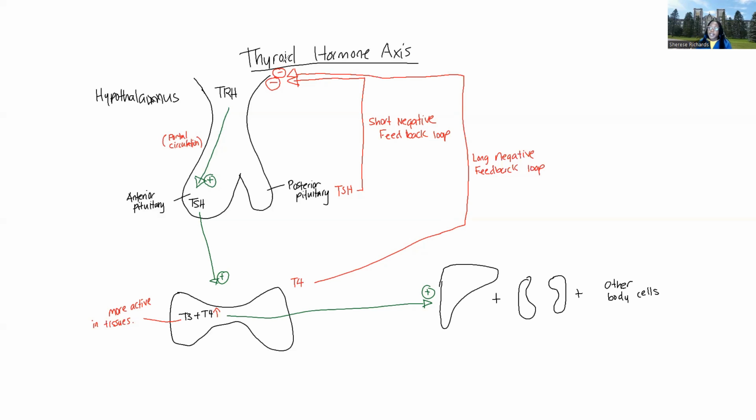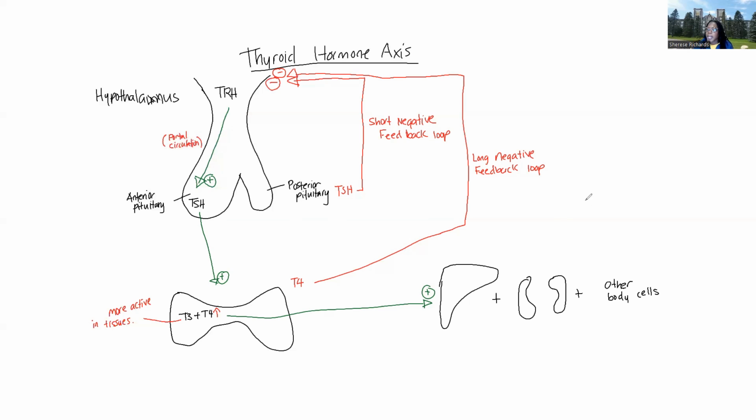And so converting T3 to T4 is going to be a way to signal that there's excess T3 levels. And so we need to shut off this axis from the level of the hypothalamus. And so we convert T3 to T4, and then T4 can have that negative feedback to decrease the total amount of TRH, TSH, and then subsequently thyroid hormone.